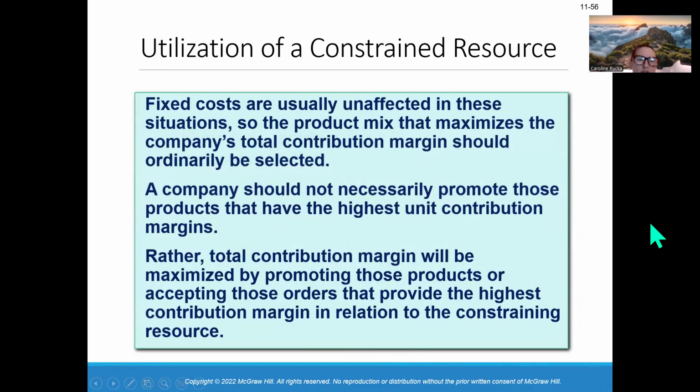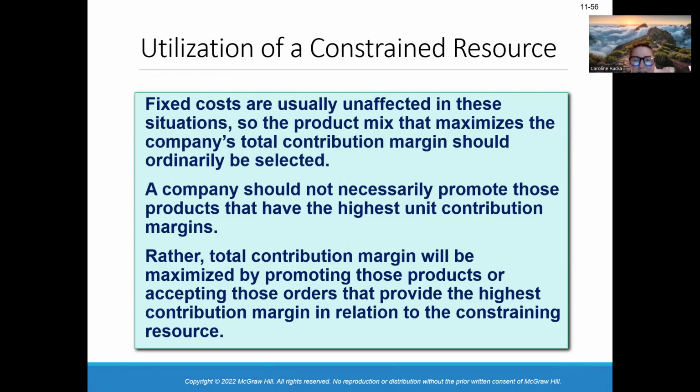All right. So, some more things to be aware of. Fixed costs are usually unaffected. And it's not necessarily the fact that you should push the products with the highest contribution margins.